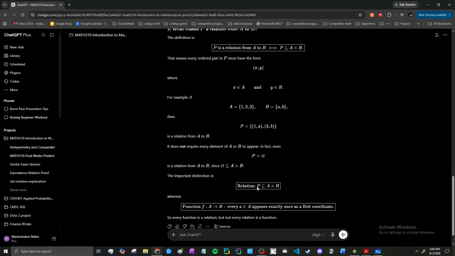Oh, okay, so a relation is just simply a subset of A to B. For a function, every A must appear exactly once as the first coordinate.